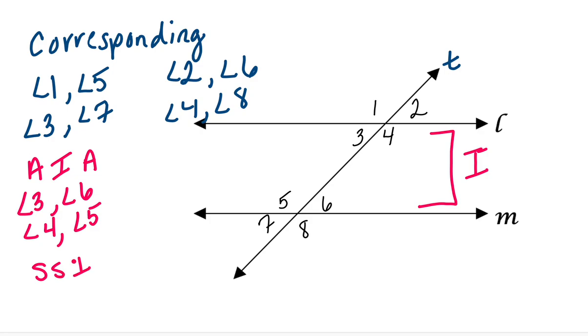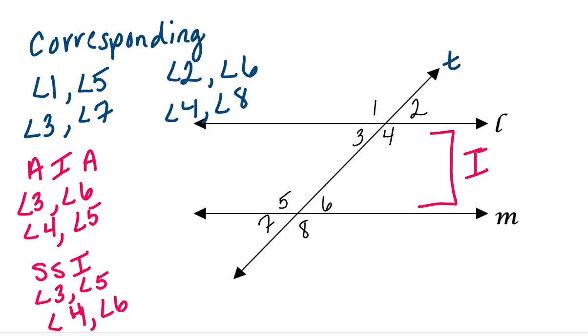And I'm going to name these SSI, same side interior. You may hear them as consecutive interior, but I like using same side as they are on the same side of my transversal, such as angle 3 and angle 5, and angle 4 and angle 6. So those are my types of interior angles.